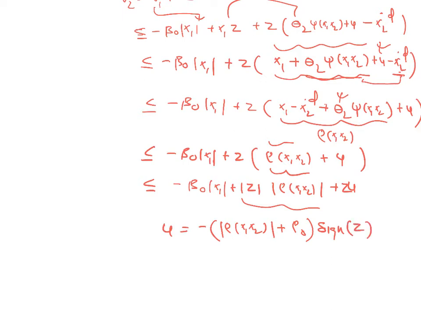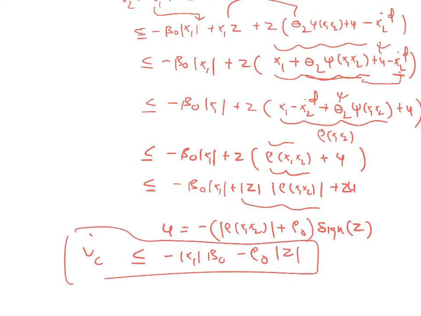That will give me this v2 dot to be minus of x1 beta 0 and minus of rho 0 z. So that definitely is negative definite. That means both x1 will go to 0 and z will go to 0.